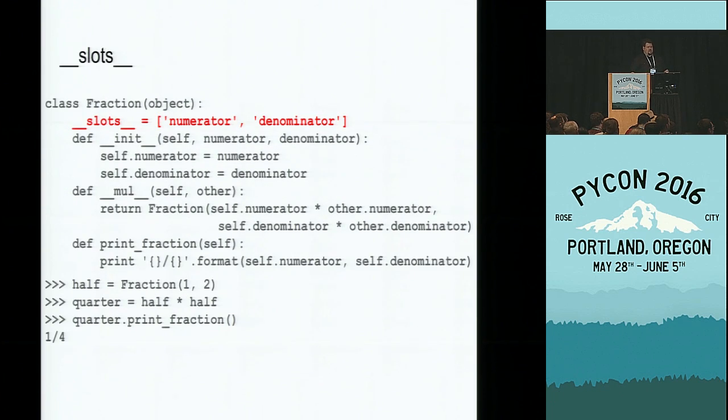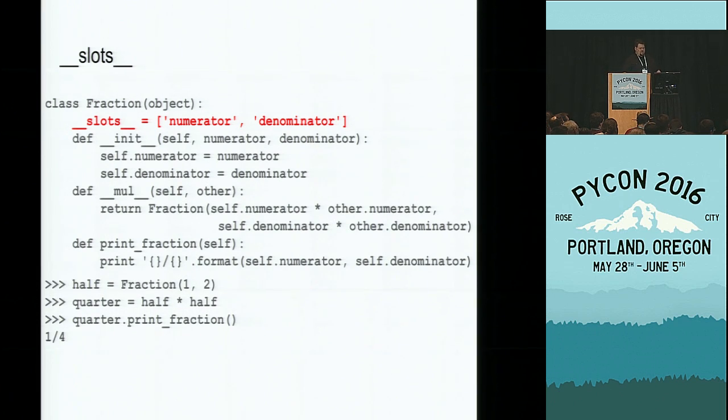There's one other thing to attribute access and lookup that deserves a note, that has an epically bad traceback if you want to debug it and figure out what's going on, and that's __slots__. So Python allows you to define all of the attributes that an instance can have. This allows an instance not to have its own dict.